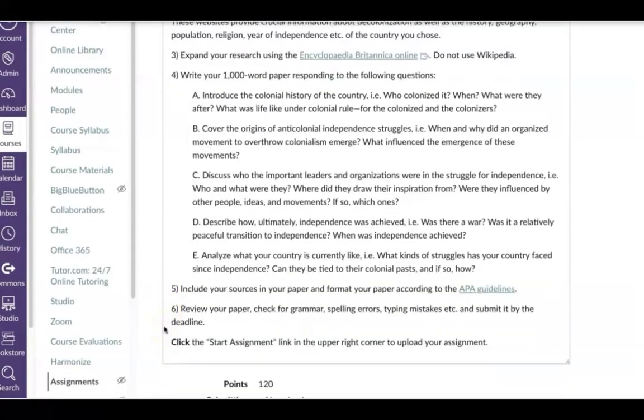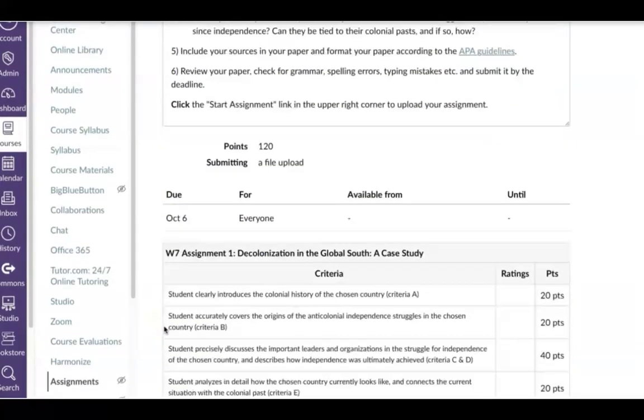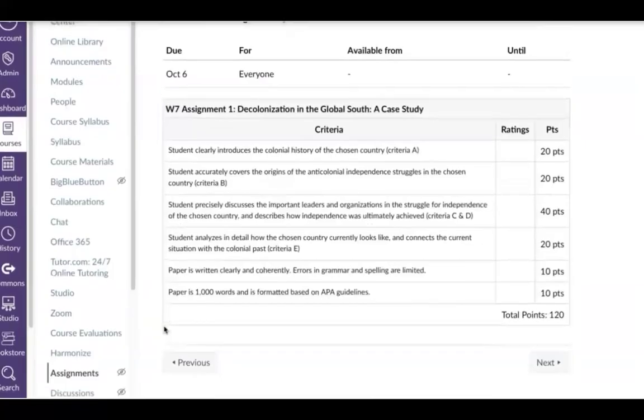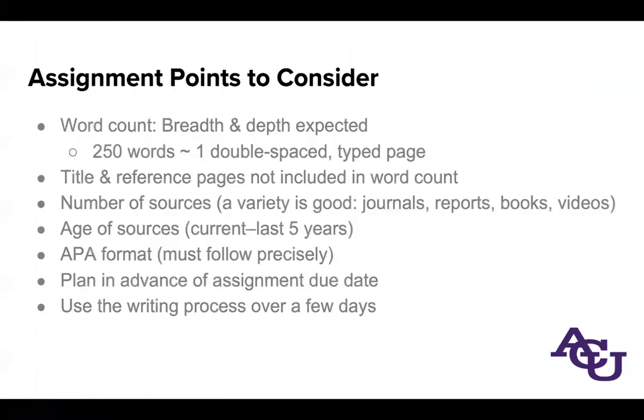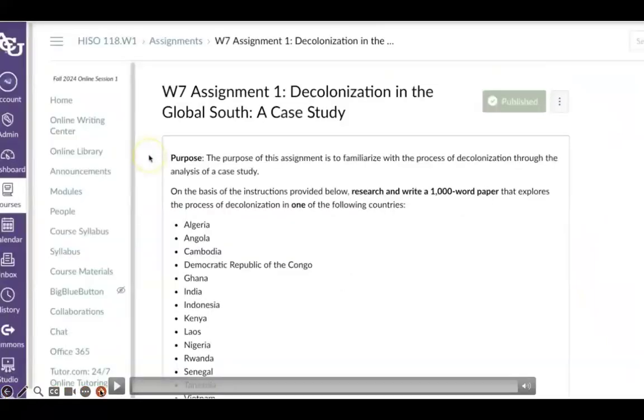There's some more points about following APA guidelines, but before we move on, we want to make sure that we're looking really closely at the rubric at the bottom, because it's going to tell us how everything is weighted. So we've got 20 points each for the first 2 questions, 40 points for the next 2 questions combined.